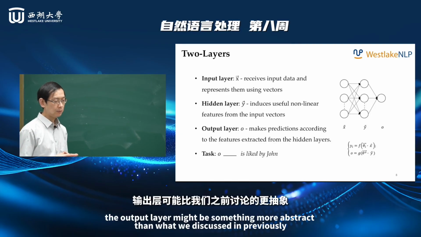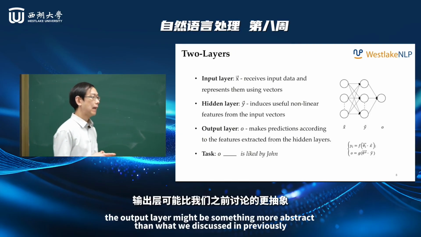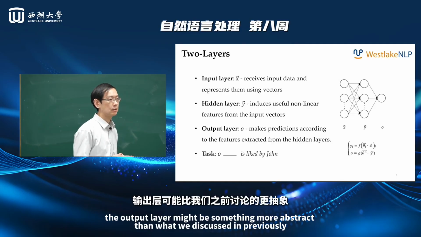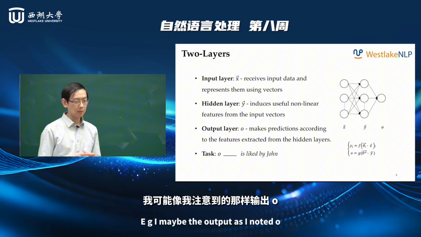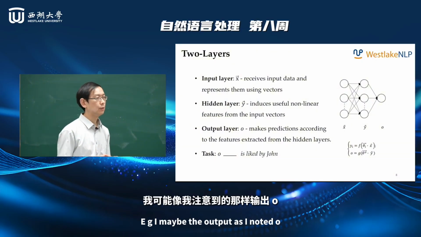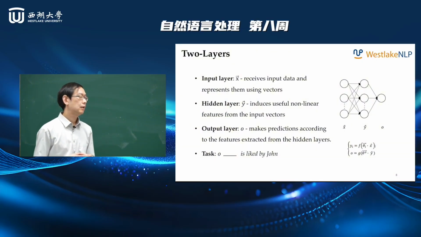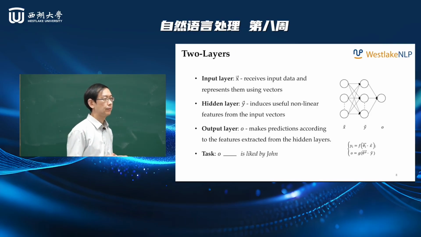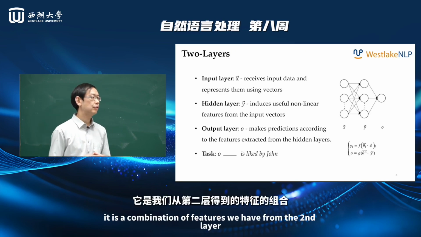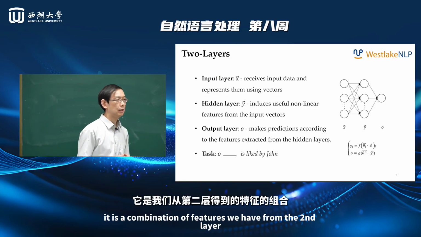So the output layer might be something more abstract than what we discussed in the previous slide. For example, maybe the output, as I noted, O, means that something John likes. It is a combination of features we have from the second layer.